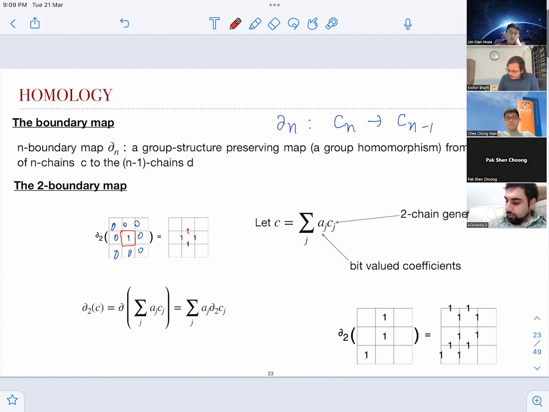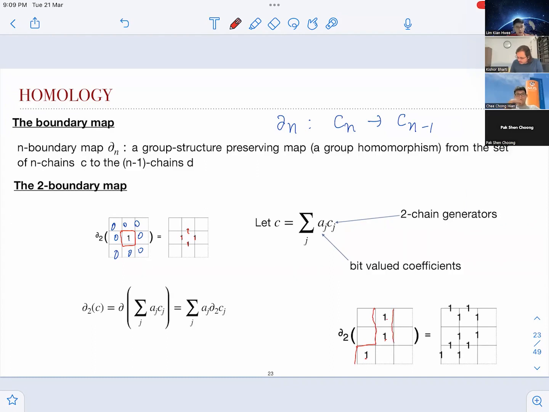So let's look at a more complicated object here. We have applied the boundary operator on it, and this basically should give us something like this. Then you can assign here, which is the same as putting something here. Or you could add here. Both of them are the same, since it's periodic.